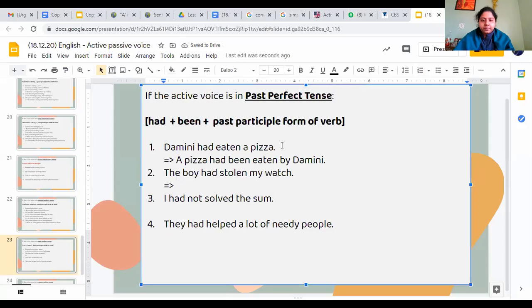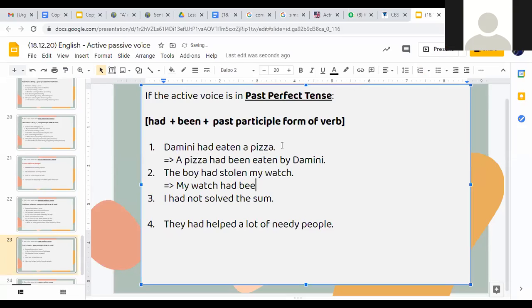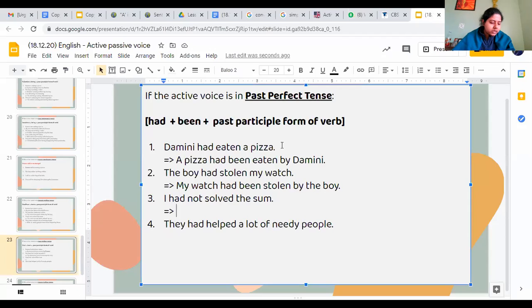Yes, Akanksha, go on. My watch had been stolen by the boy. Great. In the chat box for the third one also, I can see the same answers.